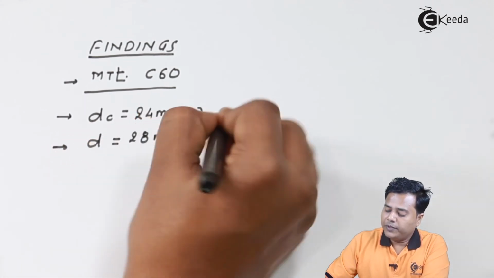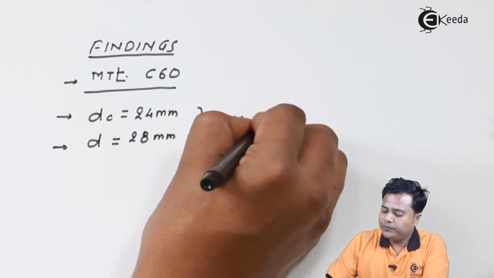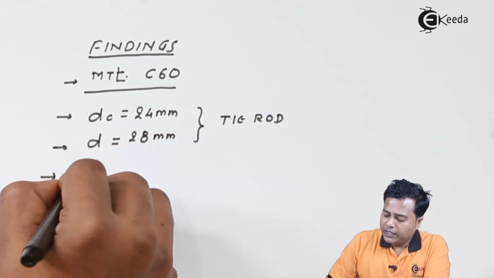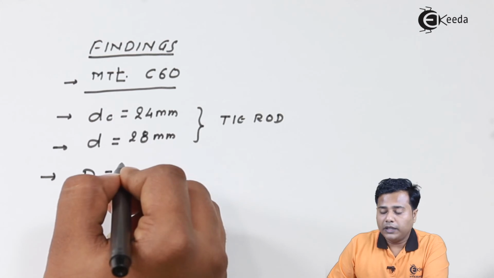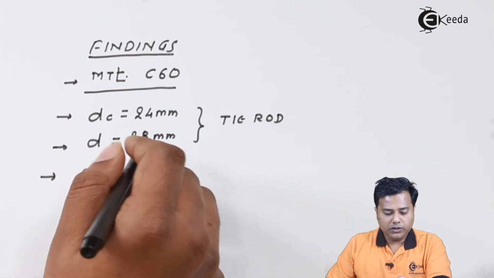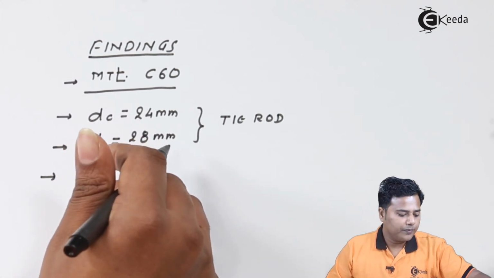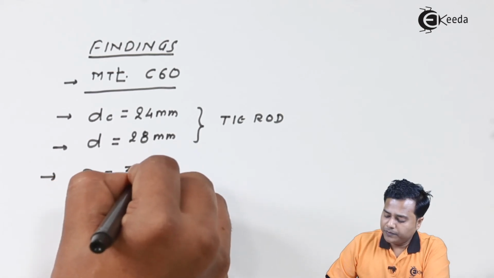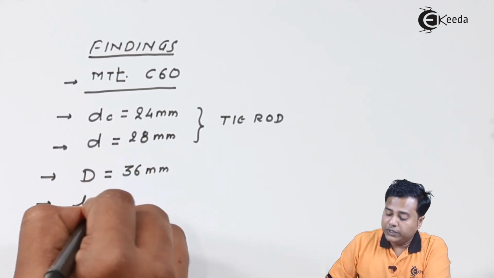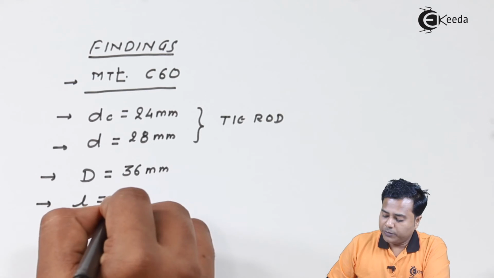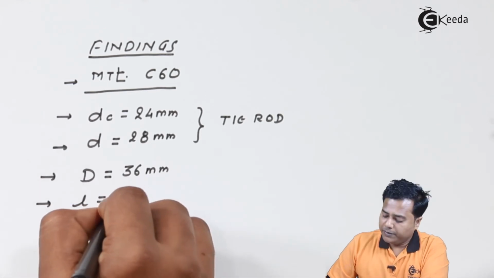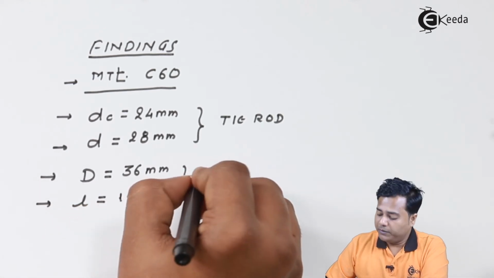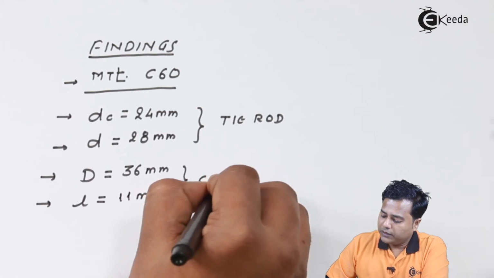So both of them belong to the tie rod. Then we went for the diameter D of your nut, which was equal to 36 millimeter, and the length of the threaded portion of the nut, which came out to be 11 millimeter. So both of these parameters belong to the coupler nut.